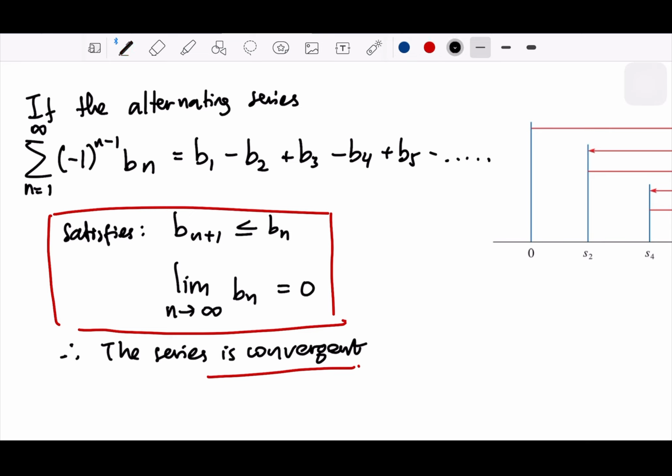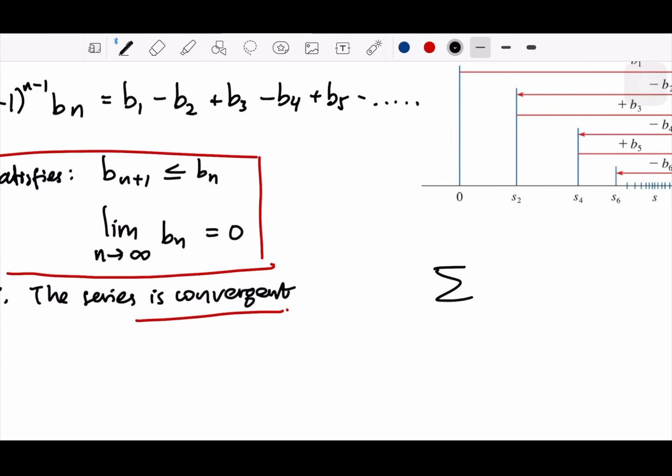Now we are looking at the harmonic series with alternating signs. If we look at this 1 over n, we take the limit. It's 0, right? And when we check the terms, Bn+1 is always going to be smaller, smaller, smaller.